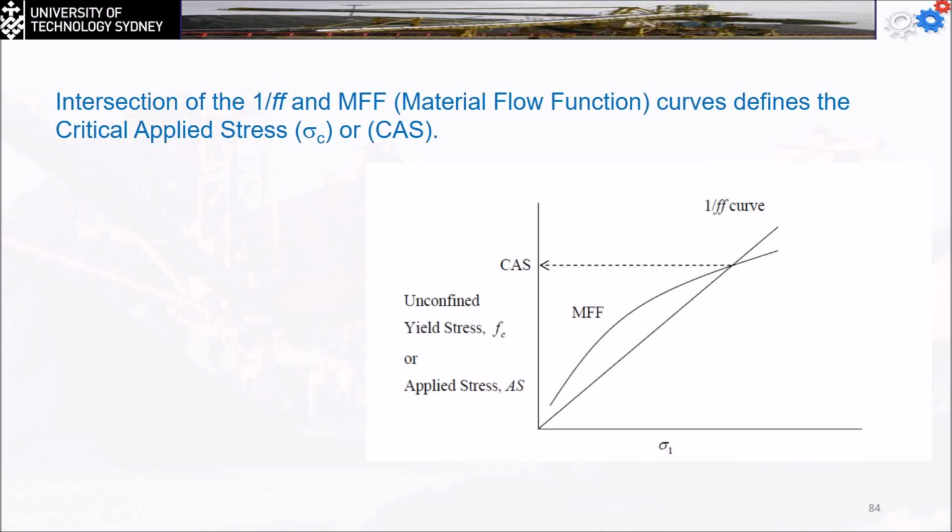And we are going to make another curve for the material flow function according to the value we are going to get for sigma 1 experimentally and the value of sigma C, the experimental one. Then the intersection will give me the value of the CAS, which is the critical applied stress value.